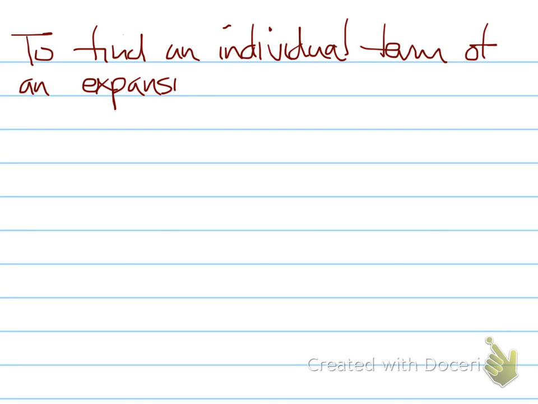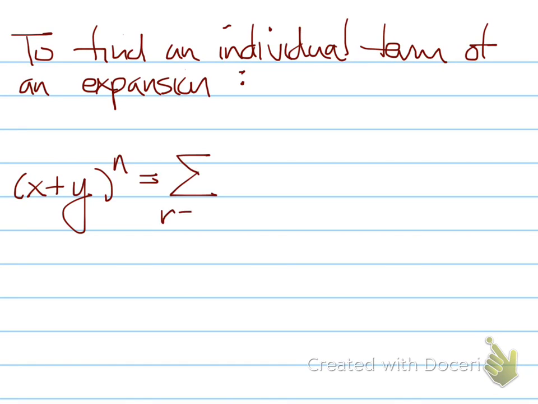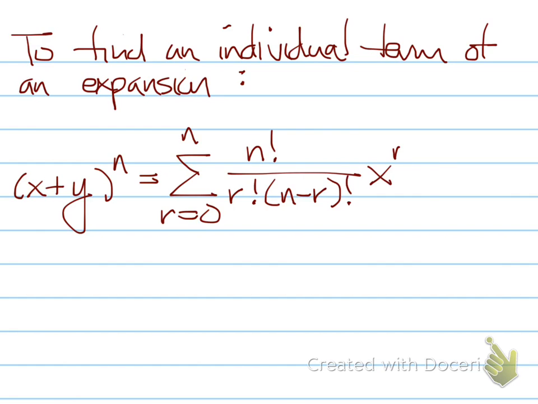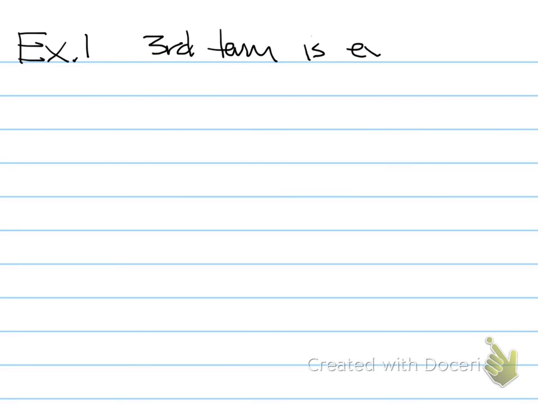Now, to find an individual term in a binomial expansion, you'd use the following summation. You would add up all the terms in the sequence, starting with r equals 0, where r represents the term that you're actually looking for, and n is the power of the binomial.